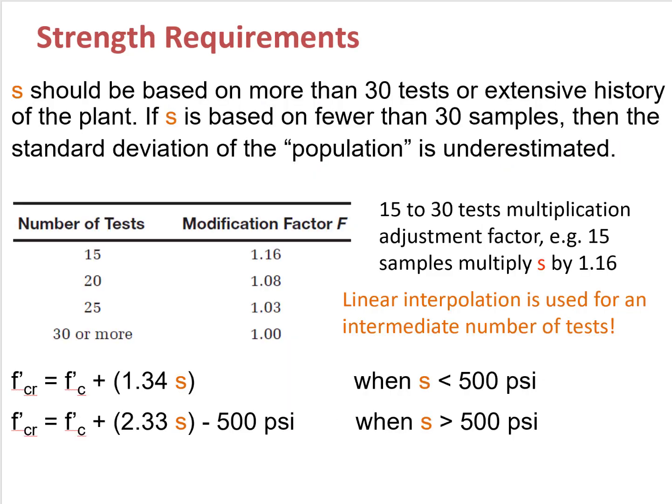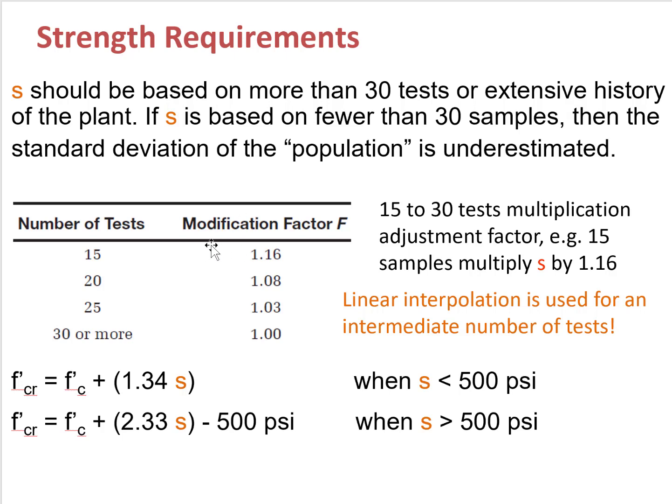And S, which is the standard deviation, should be based on more than 30 tests or extensive history of the plant. If S is calculated based on fewer than 30 samples, then the standard deviation is underestimated. Then we use this table to find the modification factor.